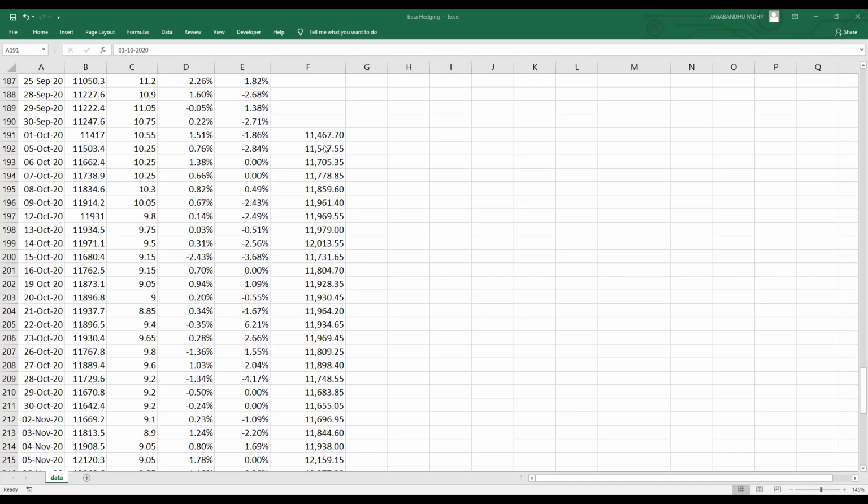Have you all got these prices, or do you need some time to download it and paste it over here? Sir, 2 minutes. Okay, I'll give you a couple of minutes, maybe 5 minutes. Go to the website, download these prices, and paste these values from 1st October onwards.